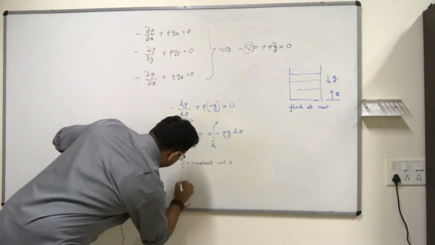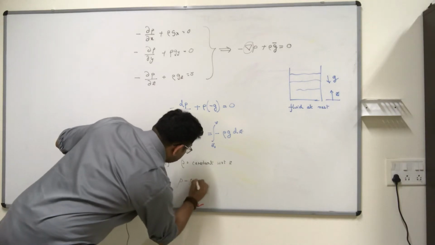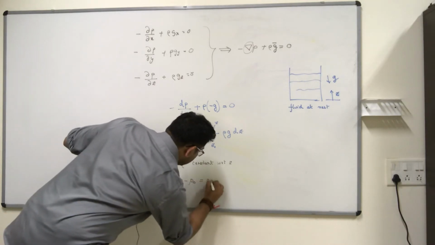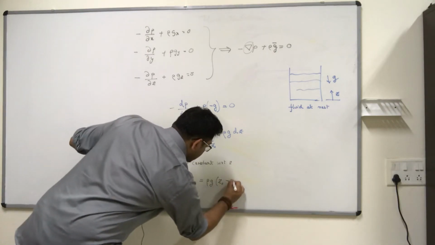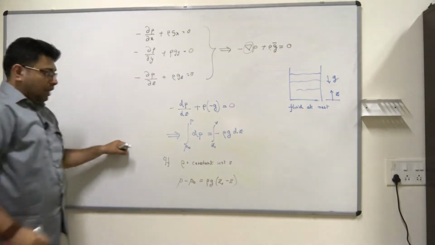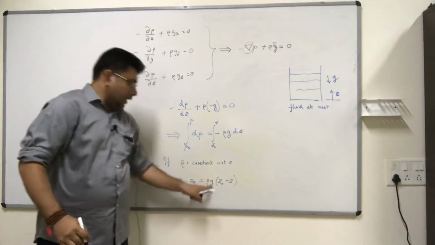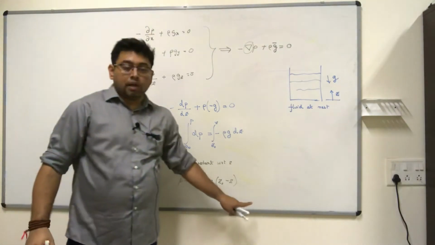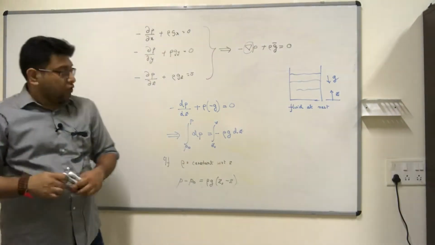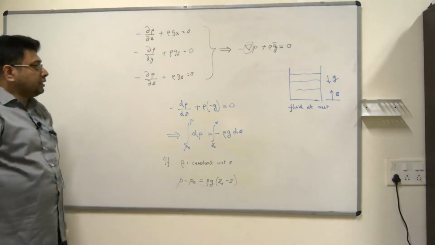You have p minus p naught equal to rho g times z naught minus z. I just took into account the negative sign; I have absorbed it in here. This equation becomes rather simple to solve if you have a situation like this.